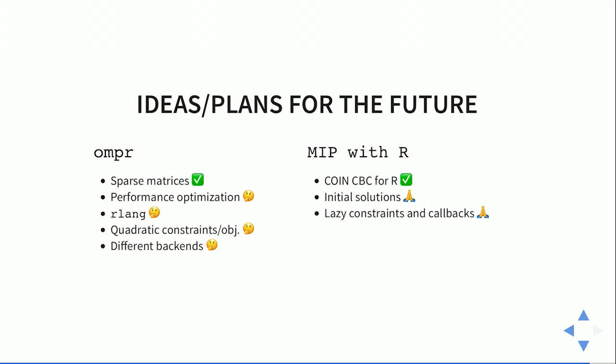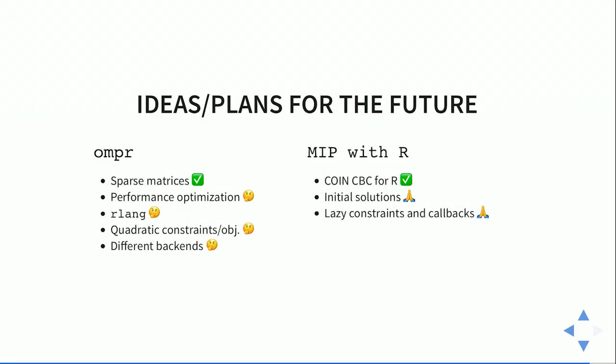And then two things that are really important for solving these kinds of problems are initial starting solutions. Sometimes you can supply a known solution to the solving process, and that speeds things up a lot. Currently that's not really possible, except for specific API packages. And then lazy constraints and callbacks.